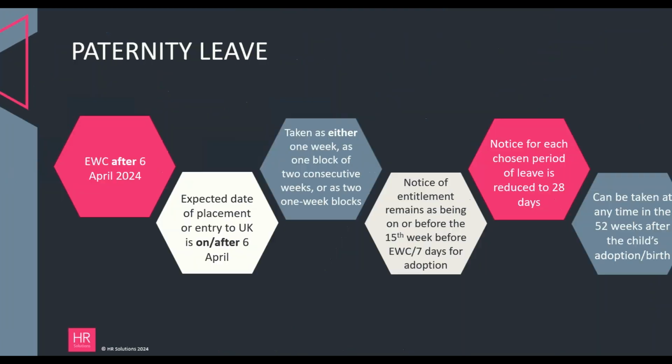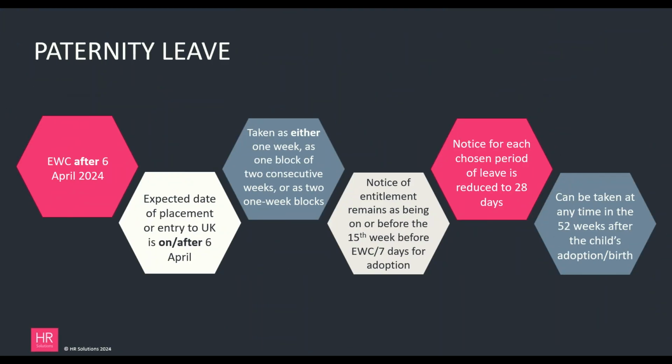But the paternity leave regulations apply to all those where the EWC is after the 6th of April, or in the case of adoption, it's where the date of placement or entry to the UK is expected on or after the 6th of April.